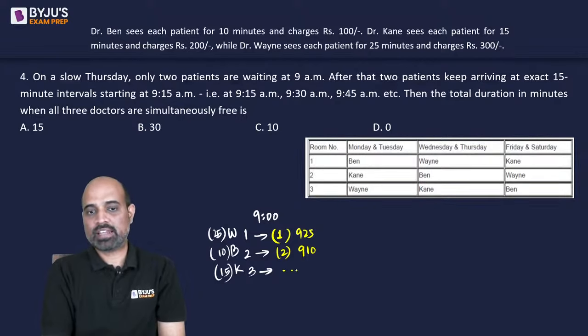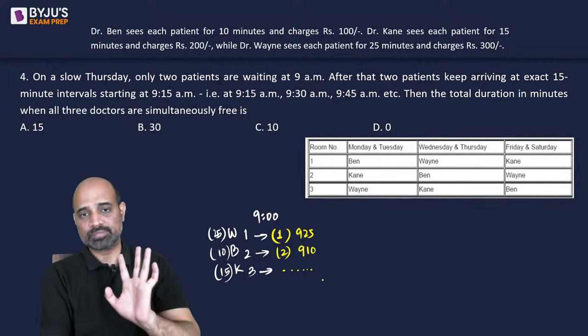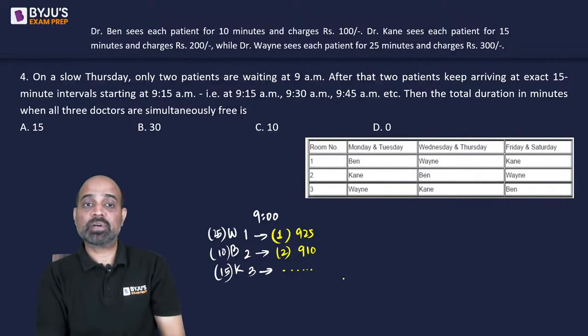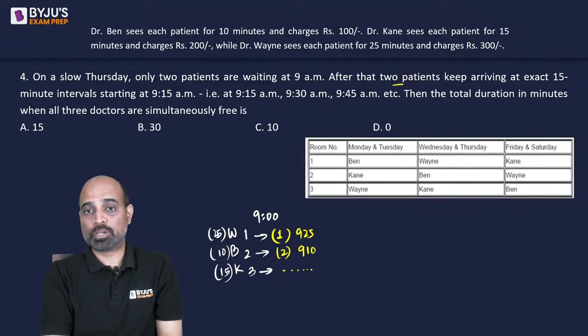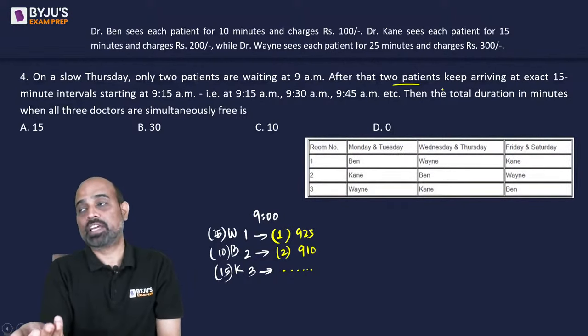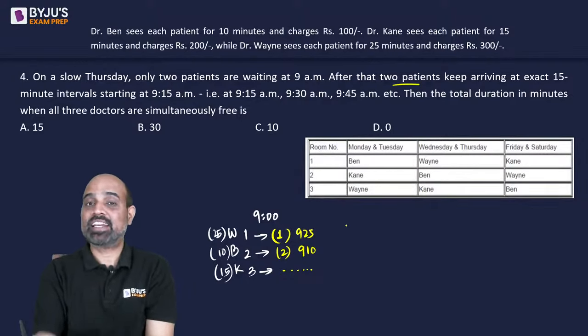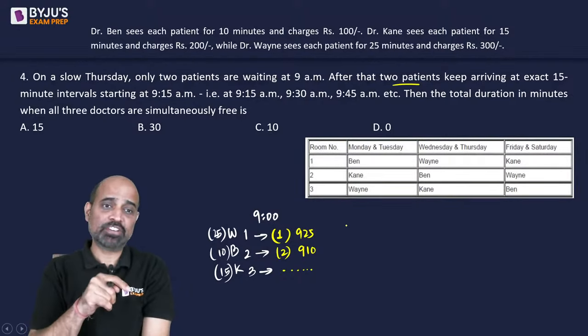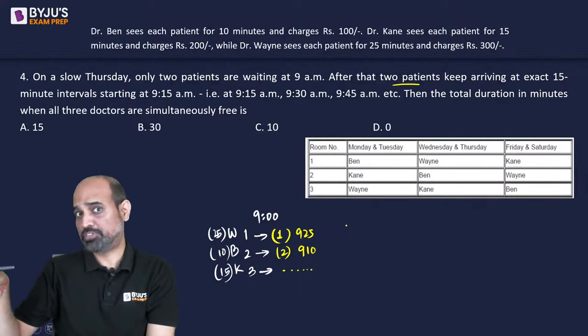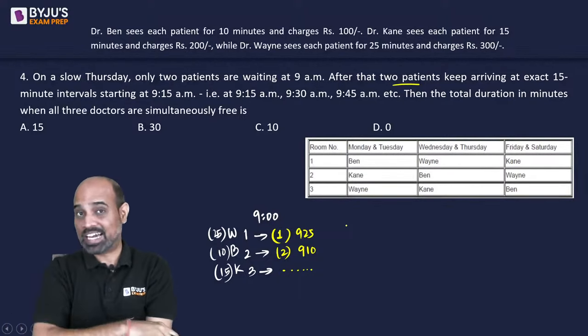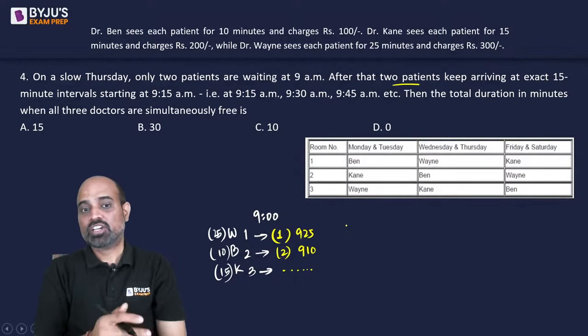And Ken is free. Now patient number 3 and 4, because 2 patients keep on appearing in pairs. So patient number 3 and 4, they will enter at 9:15. When they enter at 9:15, Wayne is still with his first patient, while Ben is done at 9:10, right?